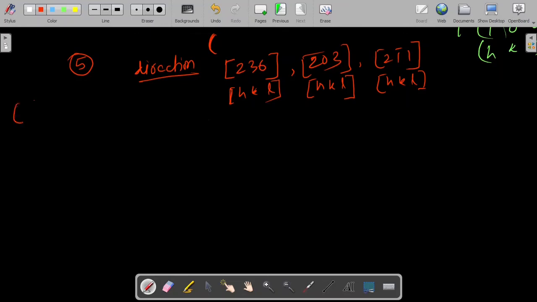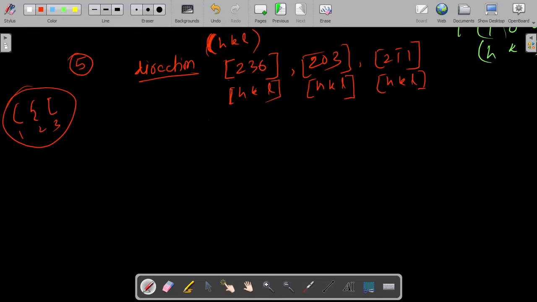So first bracket, second bracket, and third bracket, if you remember, first, second, third. Anyway, so for the plane, this is the bracket that you use, and then HKL. For the directions, this is the third bracket. Okay, so 2, 3, 6.